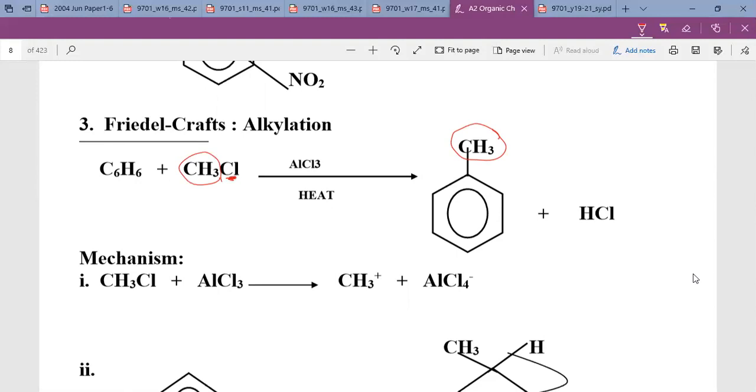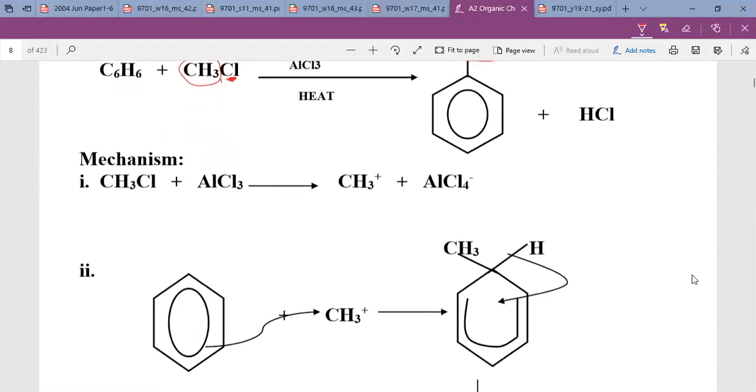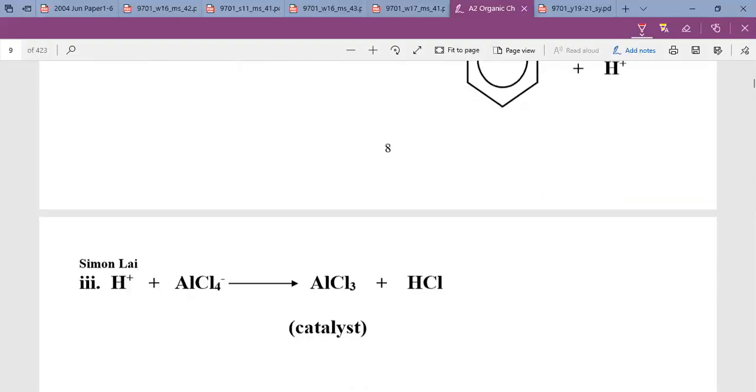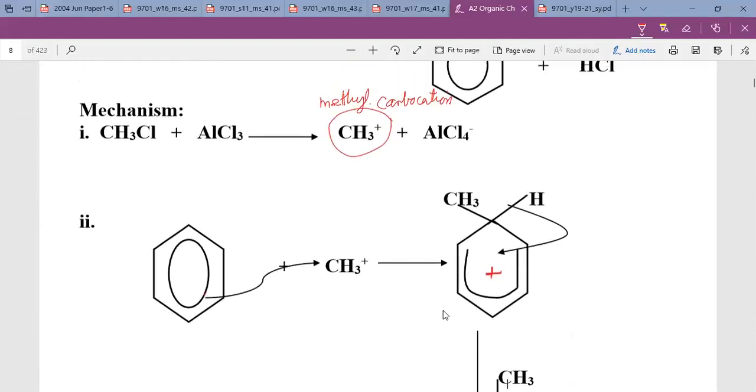So the first part, of course, is your production of this methyl carbonium ion. So this is the whole thing.